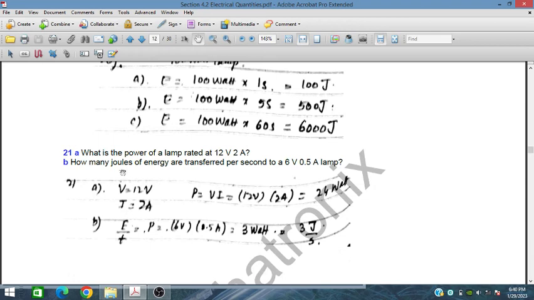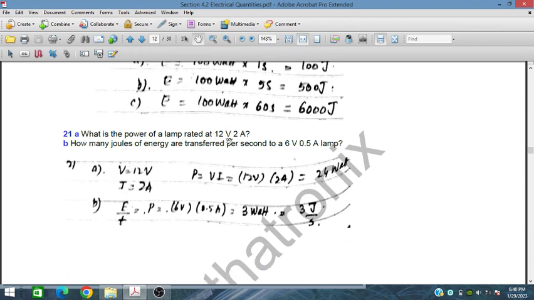What is the power of a lamp rated at 12 volt and 2 ampere? How many joules of energy are transferred per second to a 6 volt 0.5 ampere lamp? So for part A, we have 12 volt and the current is 2 ampere. The power is equal to VI, 12 volt into 2 ampere, basically 2 multiplied by 12 is 24 watt.